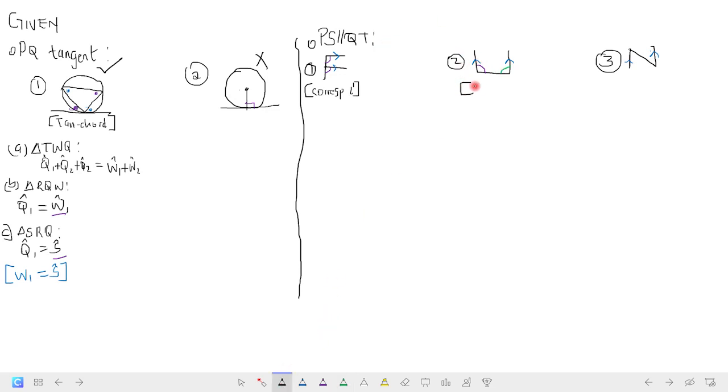So co-interior. And thirdly, the last one is alternate angles. It says this angle here is the same as that angle. So we call this one alternate angles. Alright, so now we're going to start off with looking for the corresponding angles, right? So let's go ahead and look at the parallel lines first and draw the parallel lines.